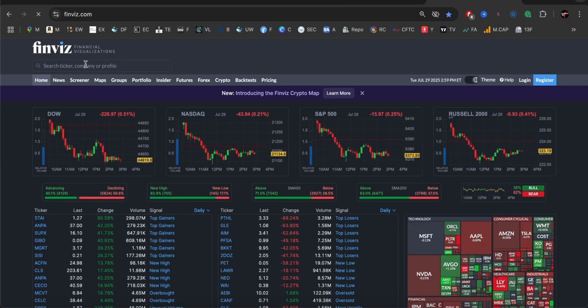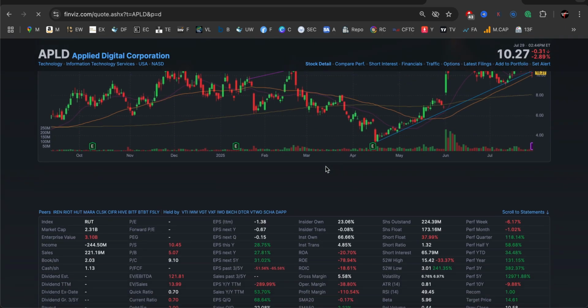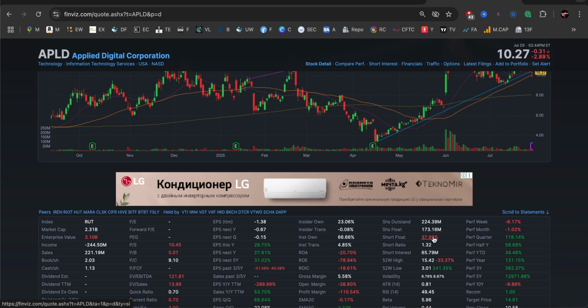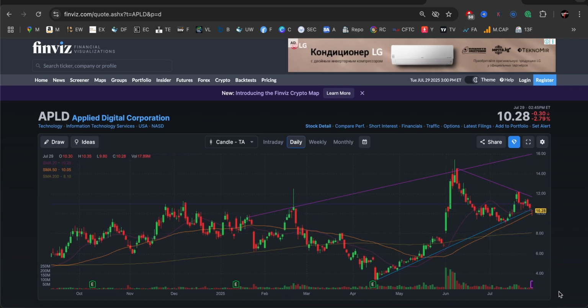Volume has faded after that $15 push. But from the total float, you can see almost 38% of the float is short, with shares outstanding at 224 million and share float at 173 million. So if anything surprising happens, this stock definitely can squeeze.